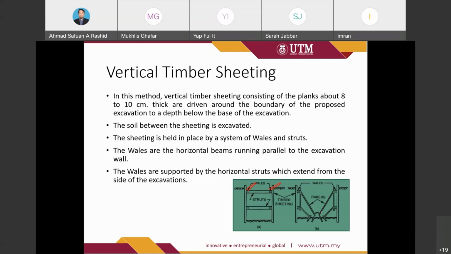So they use rakers, but still use the wale. And for every spacing, they will apply the raker system. However, we need to make sure that the bottom layer of soil is very firm, in order to make sure it's stable to install the raker system.